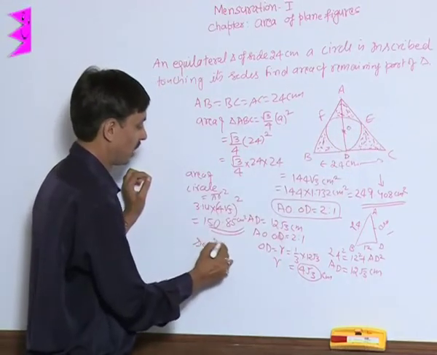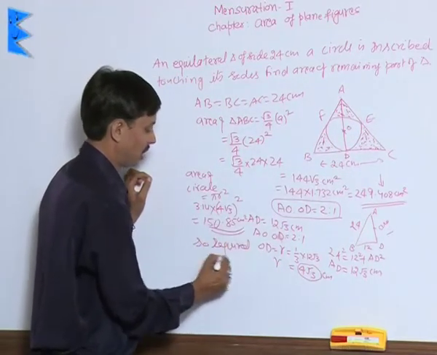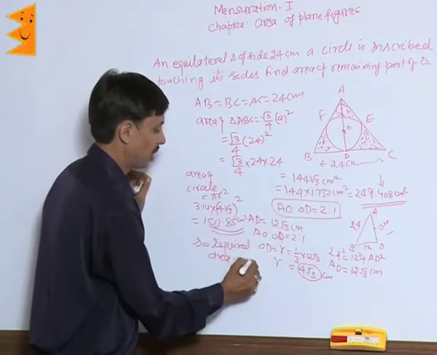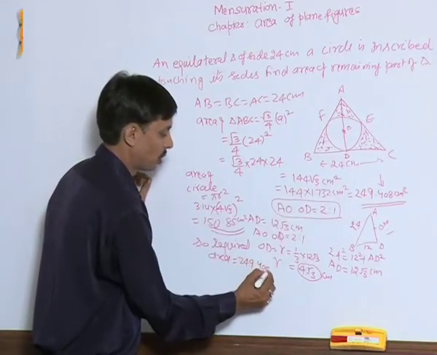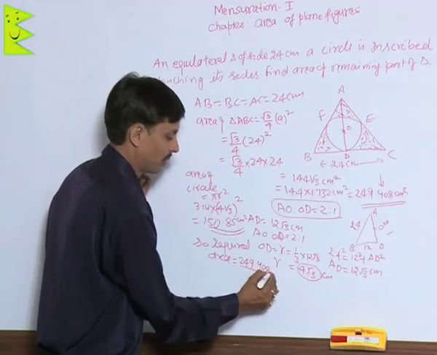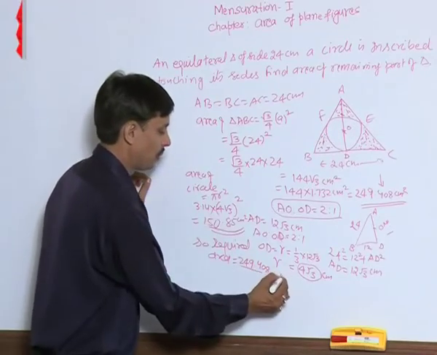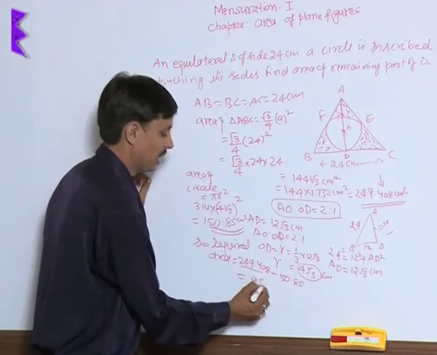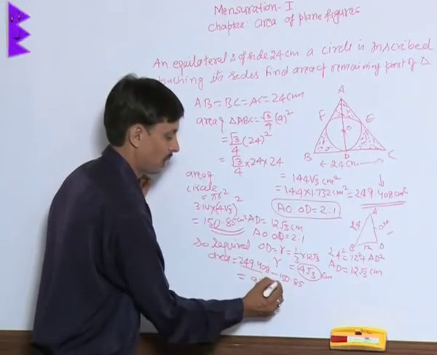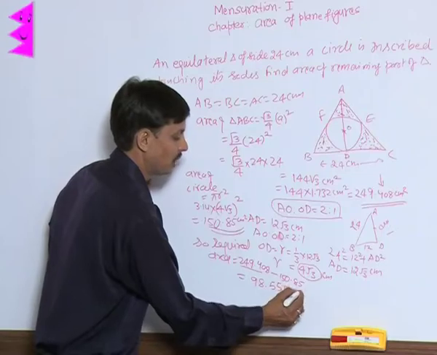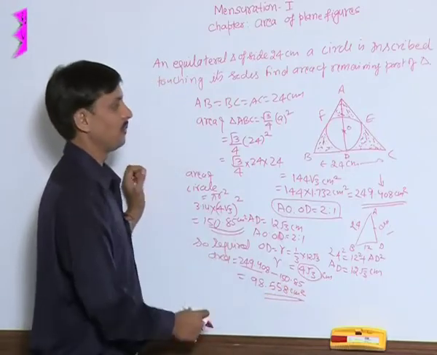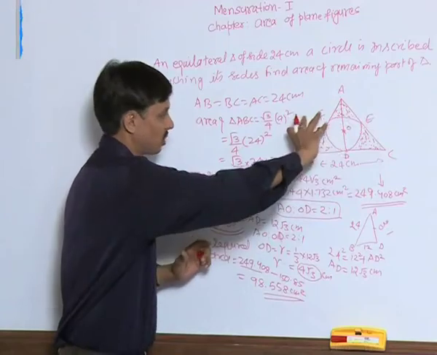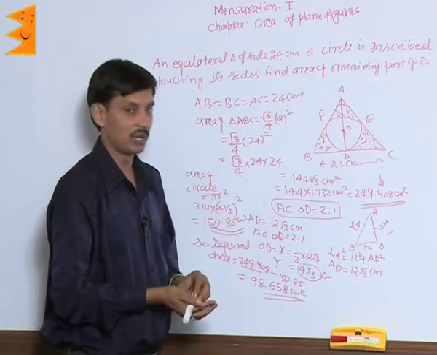So the required area is 249.408, the area of the triangle, minus 150.85. The difference is 98.558 centimeter square, which is the area of the part of the triangle which is not enclosed in the circle.